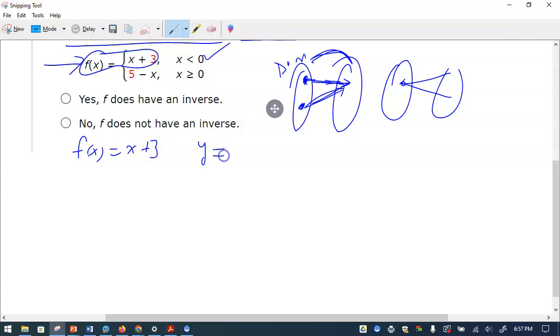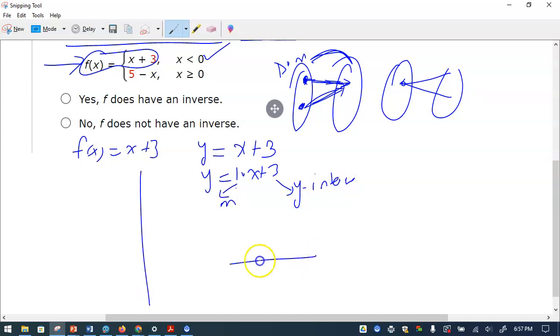So this is y equals x plus 3, right? So that means this is y equals 1 times x plus 3. So this is the slope m, and that's the y-intercept. So the graph will look like this.